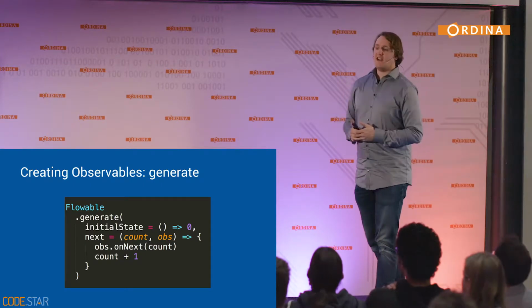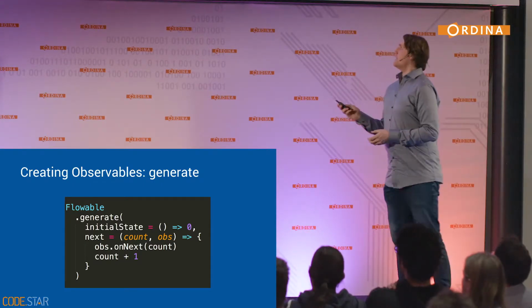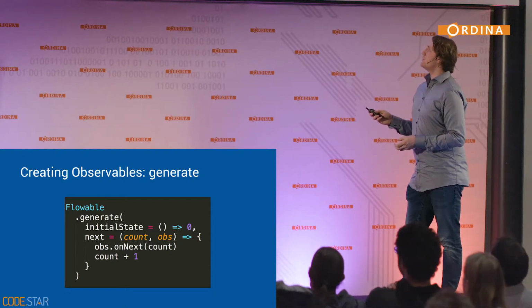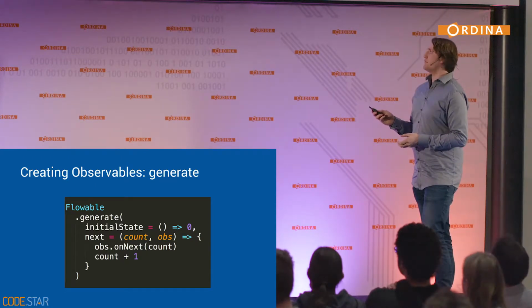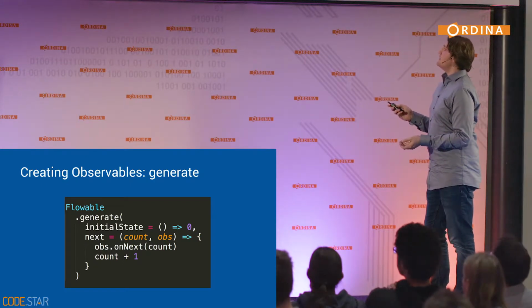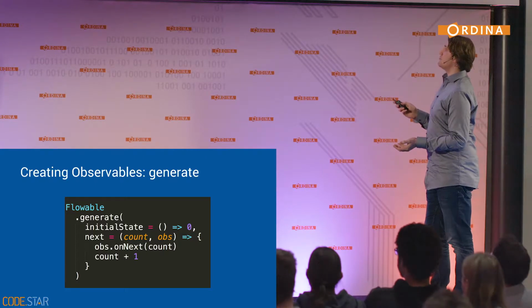Because what will happen the next time your subscriber can handle data is you'll get the state which you generated here passed to you. And you also get a reference to your subscriber. So at that point, you can call the subscriber with the data you read from your state.